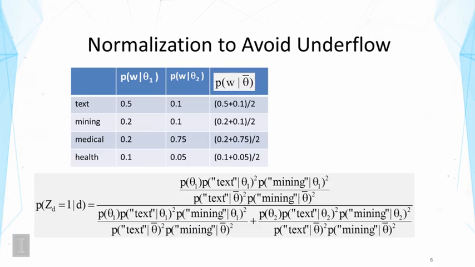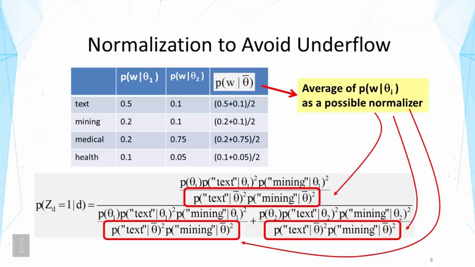So we can then divide the numerator and the denominator both by this normalizer. So basically this normalizes the probability of generating this document by using this average word distribution. So you can see the normalizer here. And since we have used exactly the same normalizer for the numerator and the denominator, the whole value of this expression is not changed.